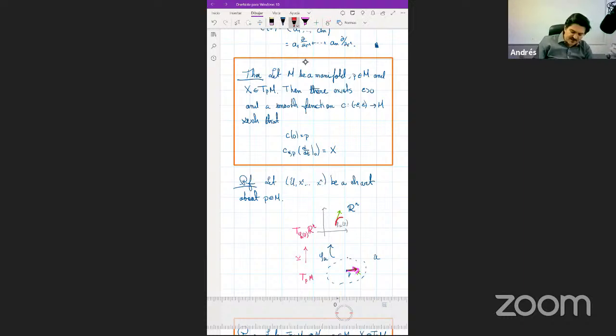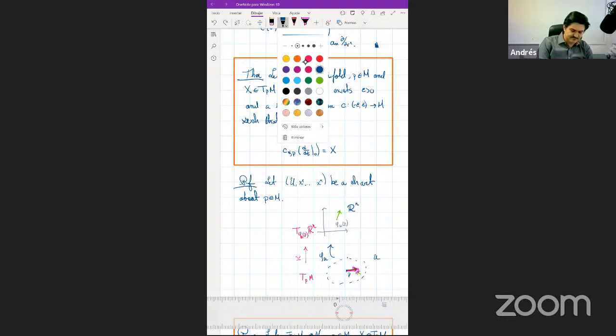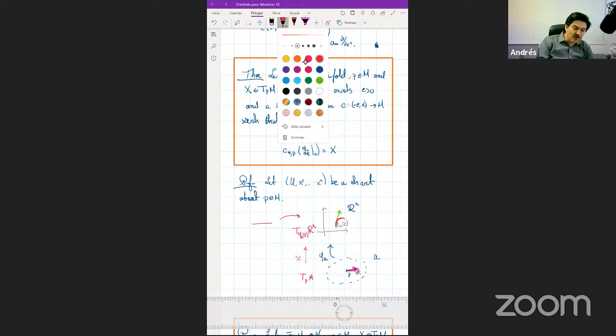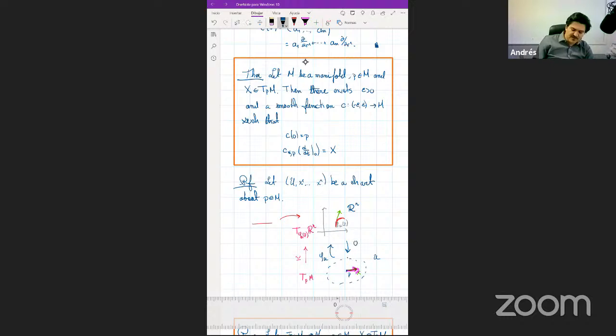So once you have here the curve, that means that you have a function from R to this. What do you do next? You compose with the chart map. And that will give you a curve on M. And that will have the desired tangent vector.